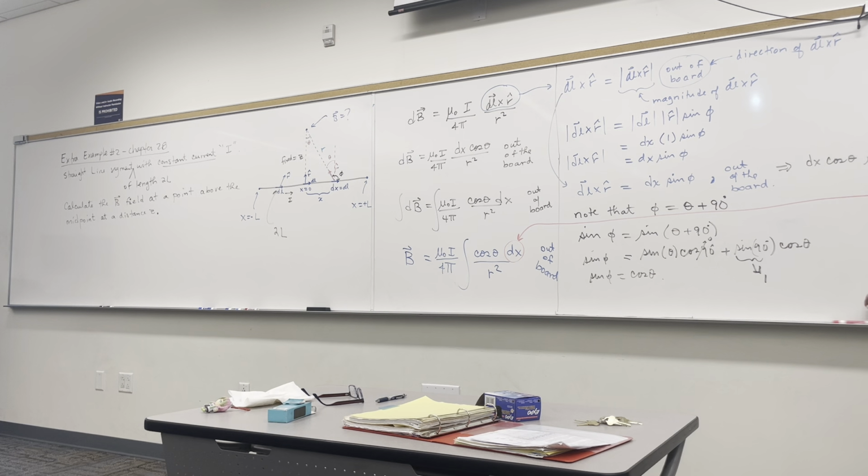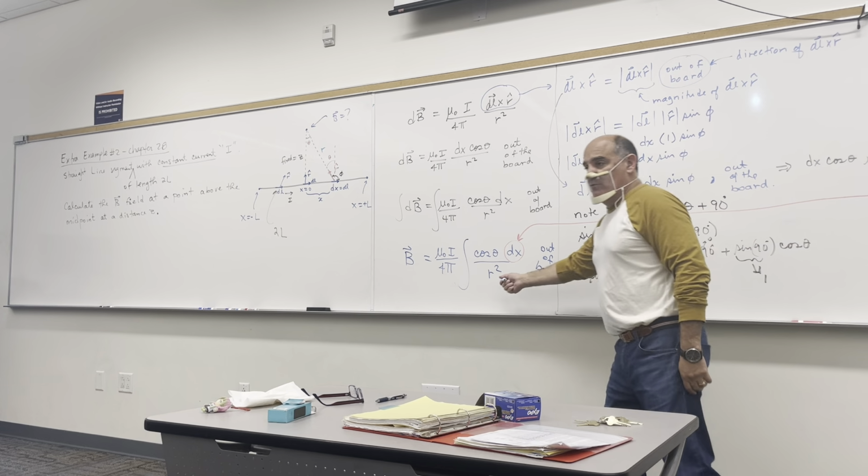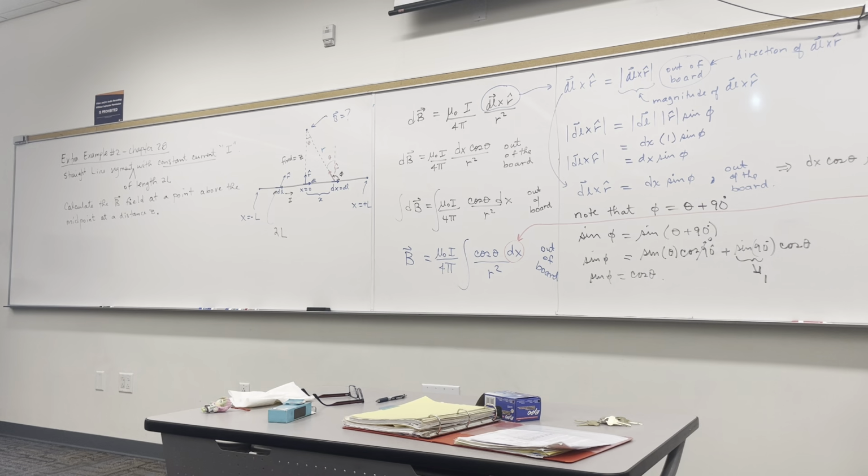Also, I'll do this. I have an r squared in the denominator, right? I have to deal with this r squared, which is another variable. So notice that r squared is, from here, x squared plus z squared. So that would be x is z tangent of theta, plus z squared, right?